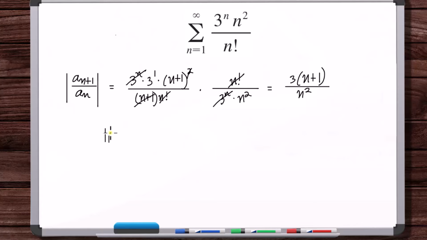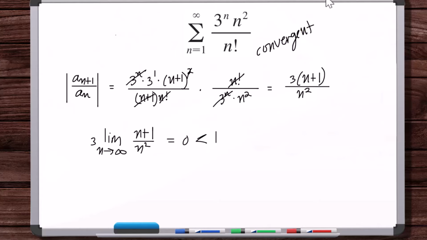Now what is the limit as n approaches infinity? We can take out that 3. Of n plus 1 over n squared, this goes to 0, and so this is equal to 0, which is less than 1, which according to the ratio test means this is convergent.